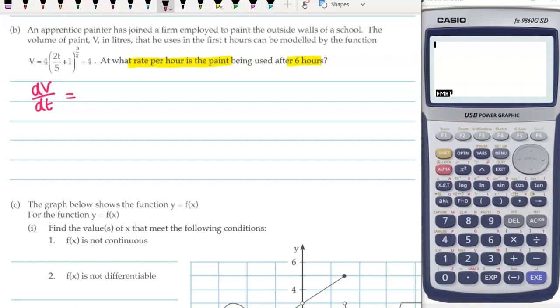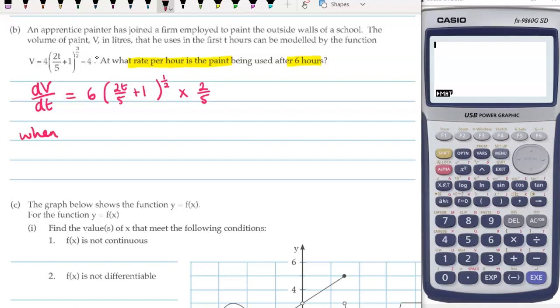So bringing down that 3 over 2 and timesing it by 4 gives us a 6. The power gets reduced by 1. The inside stays the same. We're doing chain rule. And then we multiply it by the derivative of the inside, which is 2/5. When we differentiate the minus 4, that differentiates away to 0. So that's our function done.